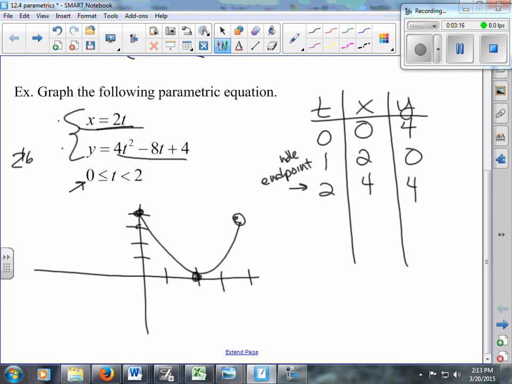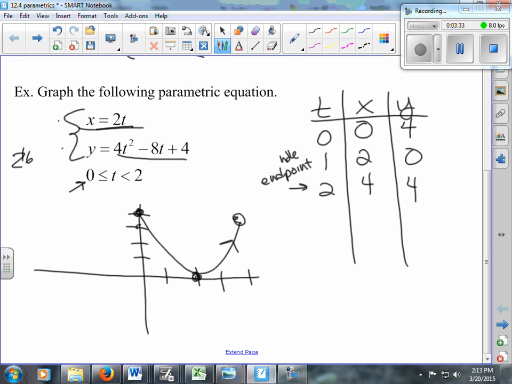And another thing that happens with parametric curves is that they have a direction. What you want to do is think of t as time. In fact, this is how a lot of things in the real world work, is that we have parametric equations, x and y, as functions of time.